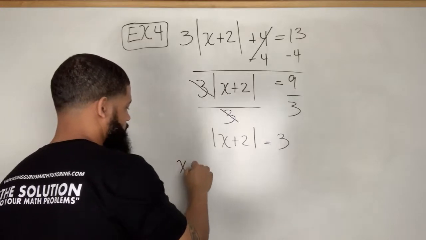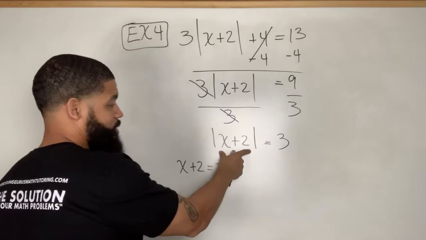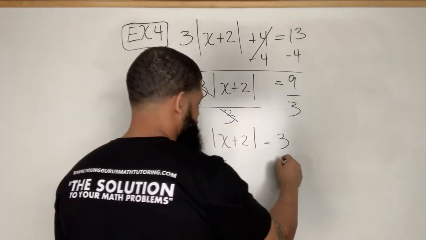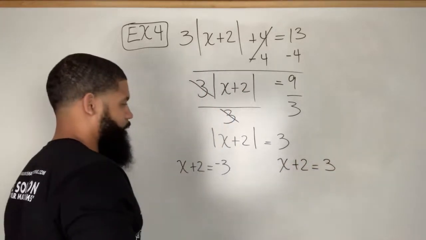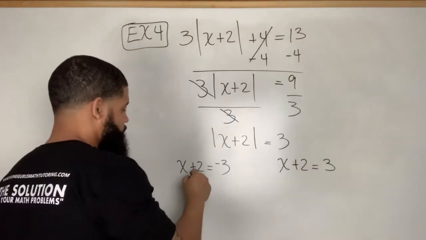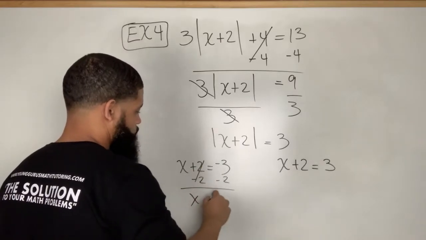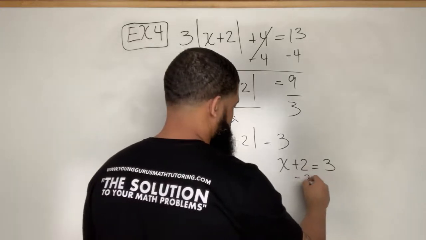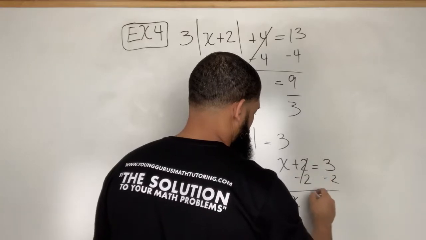So I have x plus 2 is equal to negative 3, because what's inside the absolute value could be negative 3. Okay? And then I need to say x plus 2 equals positive 3. Okay? Be very, very careful with that. So subtract 2, x equals negative 5. And then subtract 2, x equals 1.